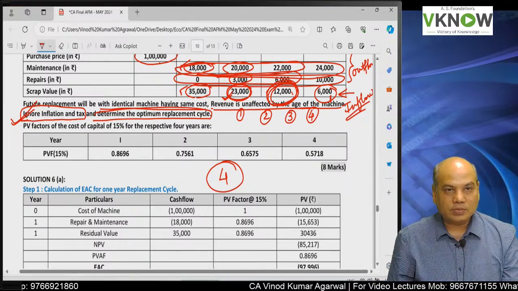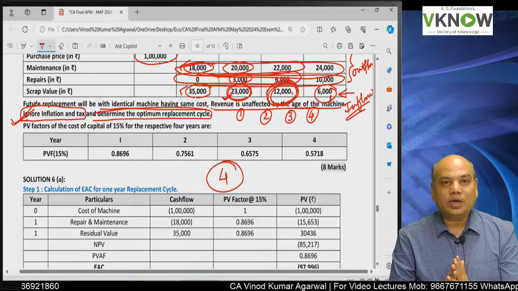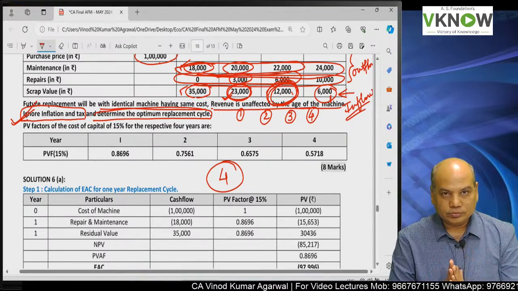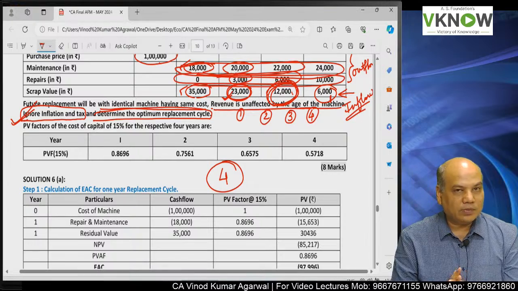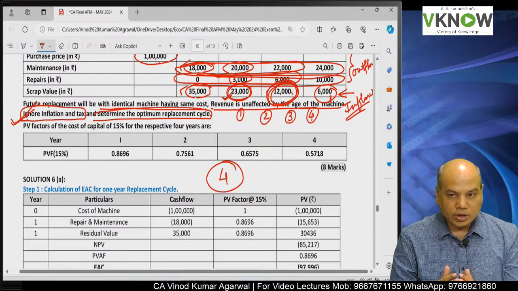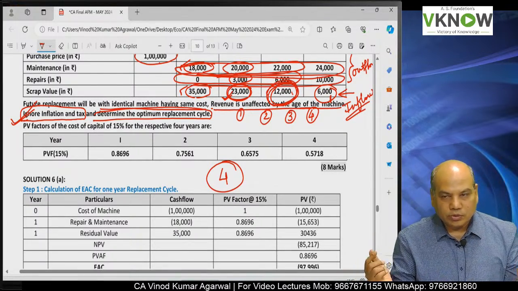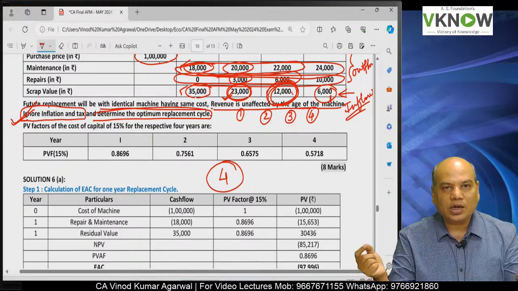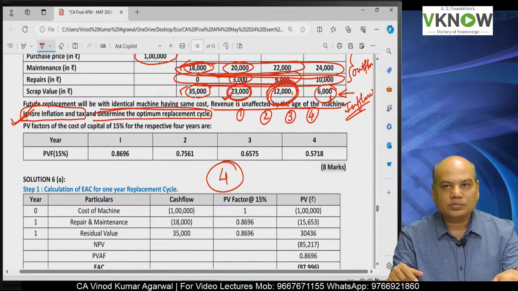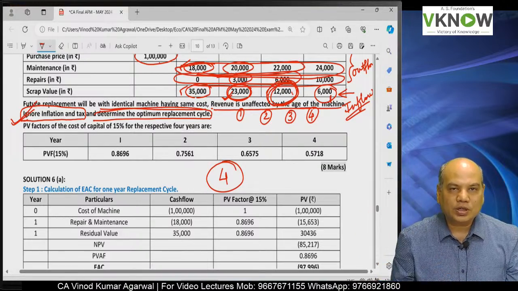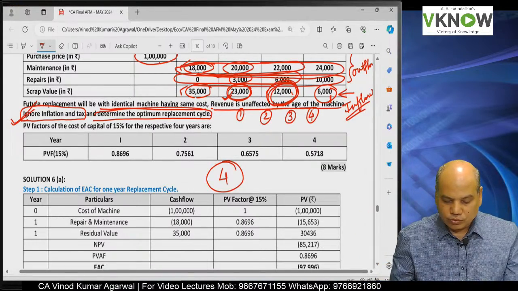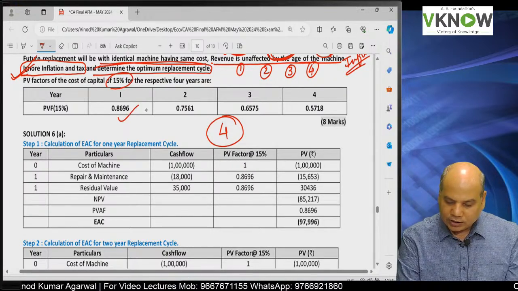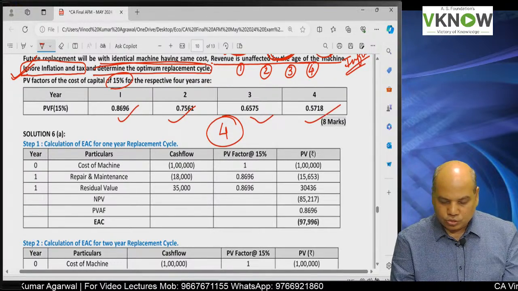How do I compare them? I will compare them by computing equivalent annualized cost. I will not compute equivalent annualized benefit because there is no revenue model. We have to minimize the cost. So that option where equivalent annualized cost is minimum, that option we are going to exercise. Okay. So one by one we will solve. The discount rate is 15% and factors are given. I am going to use the same factor.